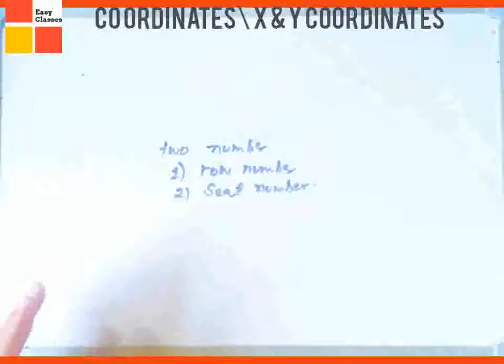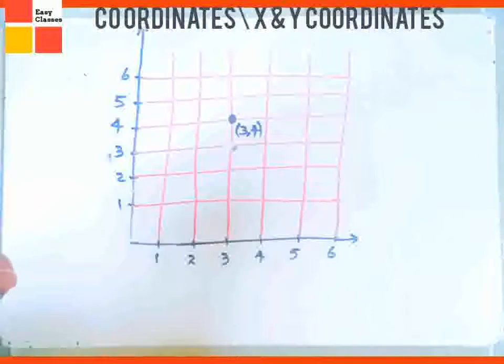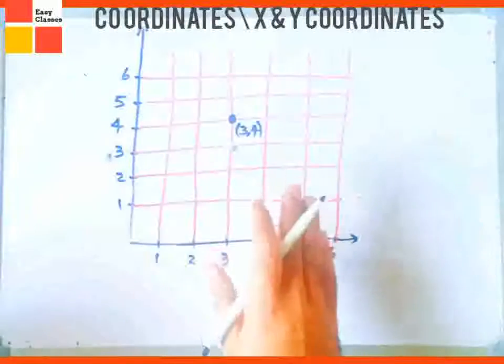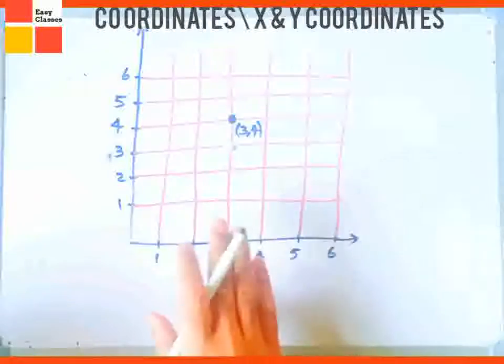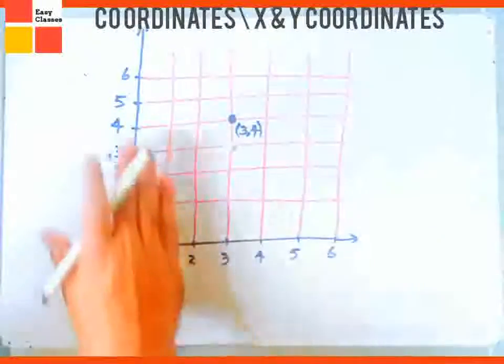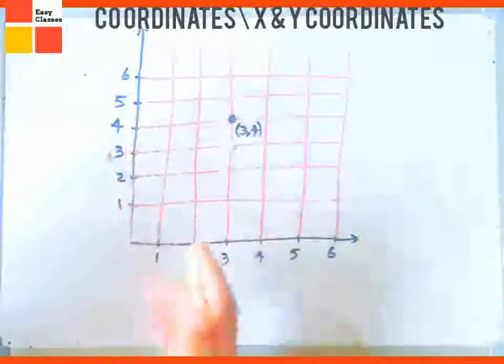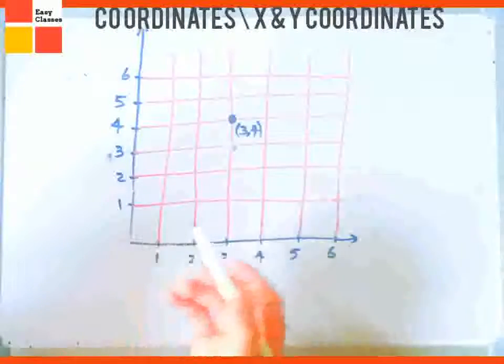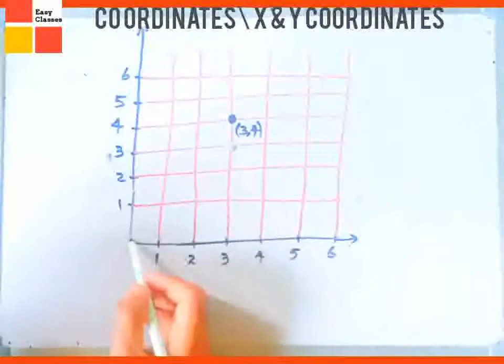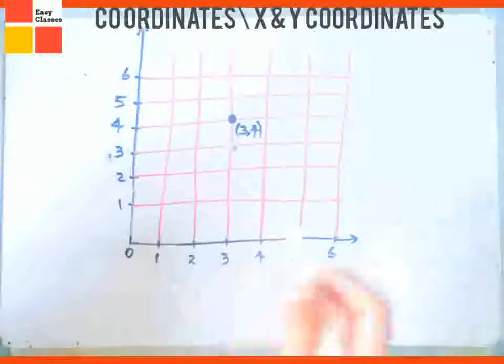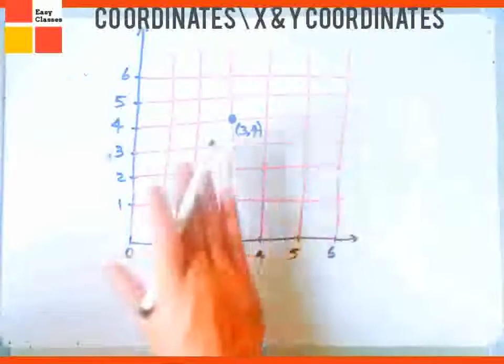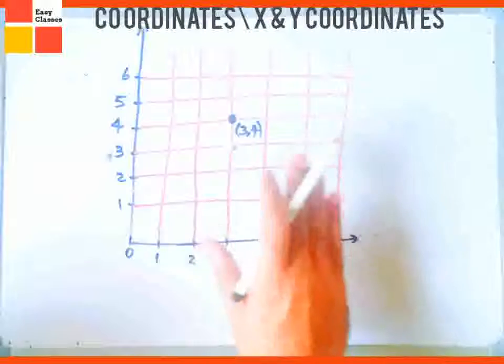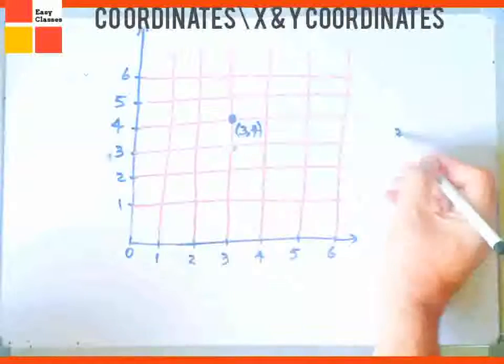Let's take an example to understand these coordinates. Now observe this figure. I tried to draw a graph sheet over here for a better understanding of these coordinates. In this graph sheet I fixed the location of the point (3, 4).